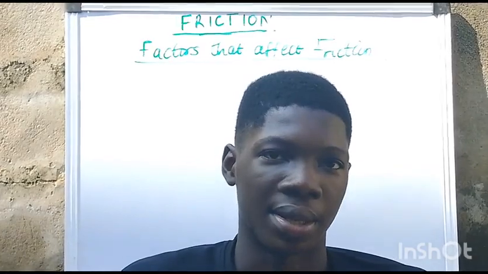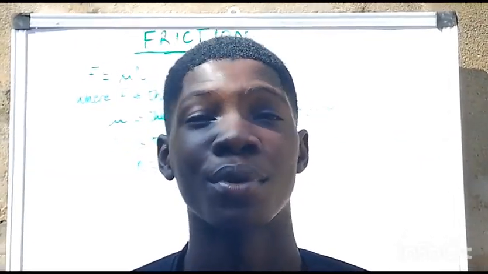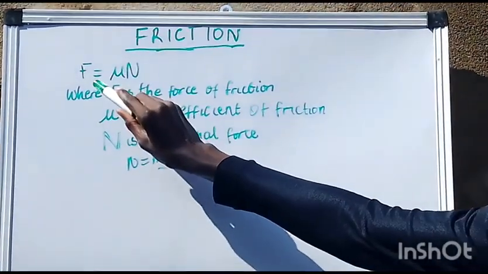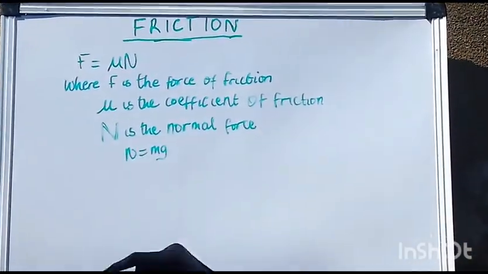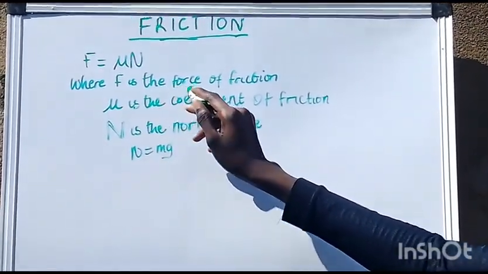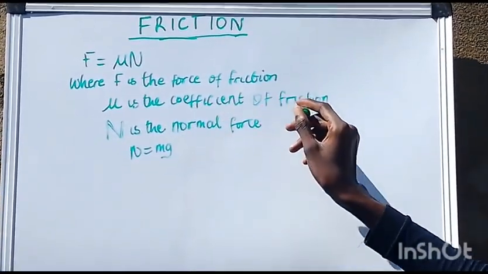Now, I'm going to show you a bit of math that will help us calculate frictional force. The formula is F equals mu N. Here, F is the force of friction and mu is the coefficient of friction.